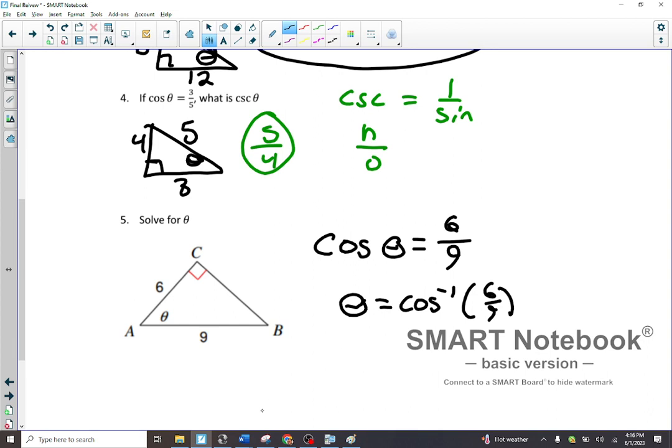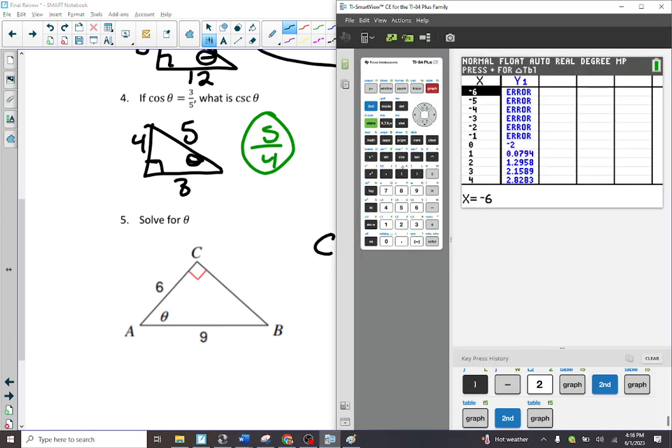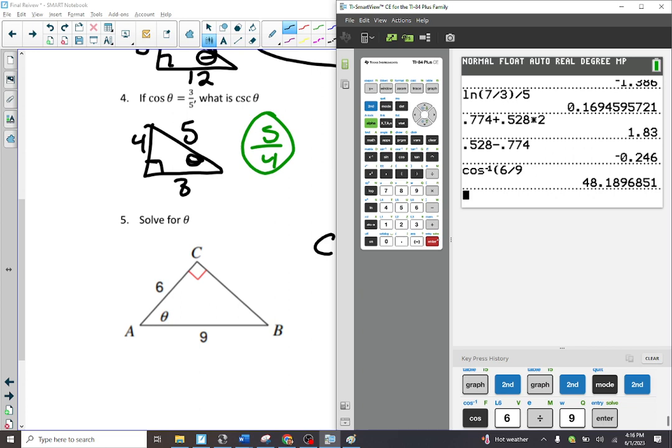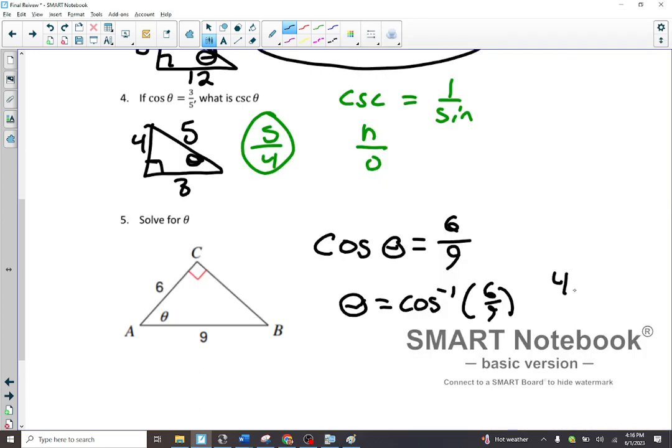So I literally have to finish this: cosine inverse of 6 over 9, which is going to be 48.2. Since the answer is in degrees, make sure your calculator is in degrees in this situation, especially since we're talking about an actual angle of a triangle.